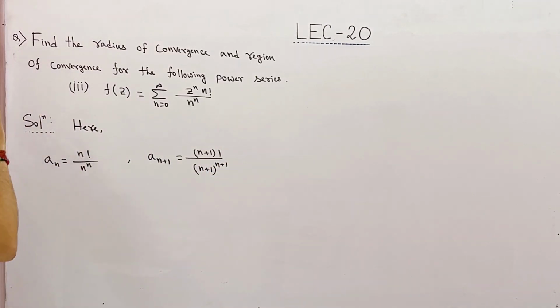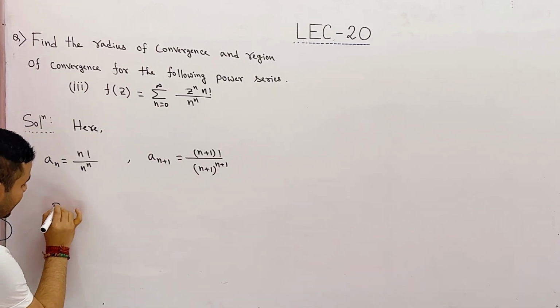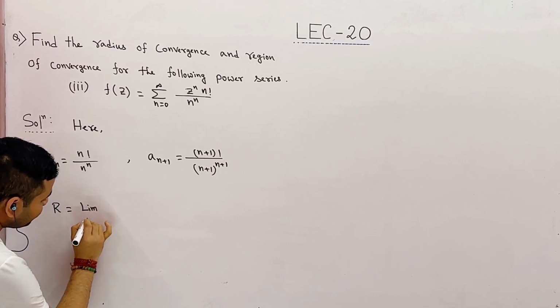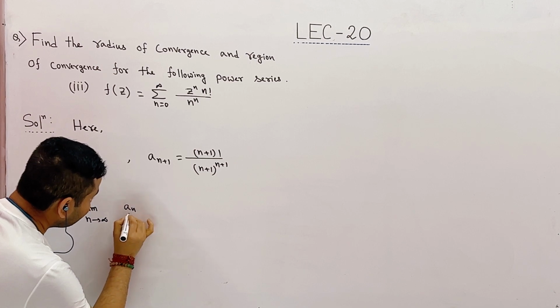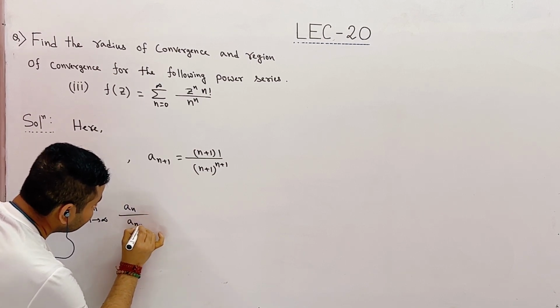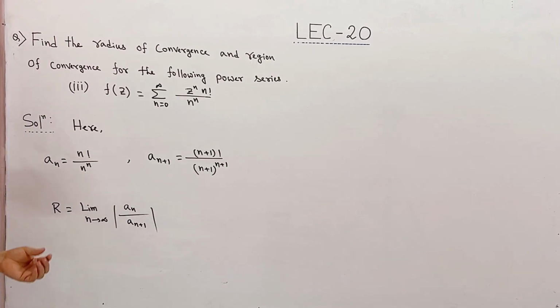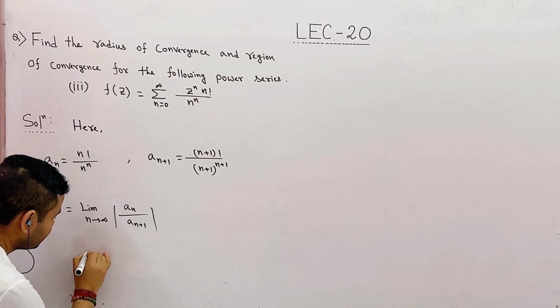n plus 1 factorial divided by n plus 1 whole to the power n plus 1. Now, let us apply the formula for finding the radius of convergence, which is R is equal to limit n tends to infinity modulus of a n divided by a n plus 1. Now, let us substitute the values of a n and a n plus 1 here.